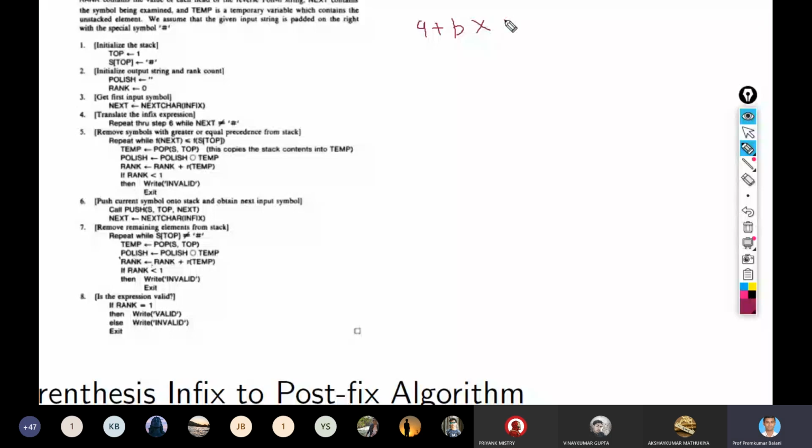Now this expression I want to convert to the postfix using this algorithm, and at last, as we have one assumption, hash is padded, and we have one stack that is s, and this stack initially is empty, right? And then top equal to 1, and in s of top we store the hash.